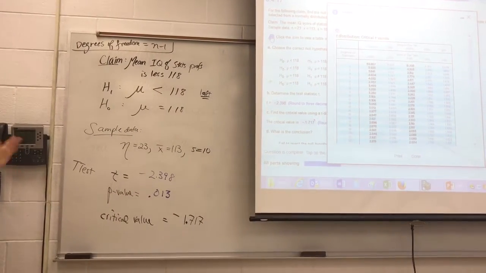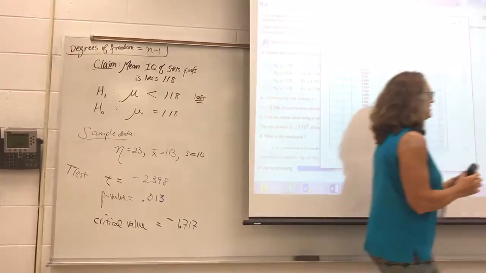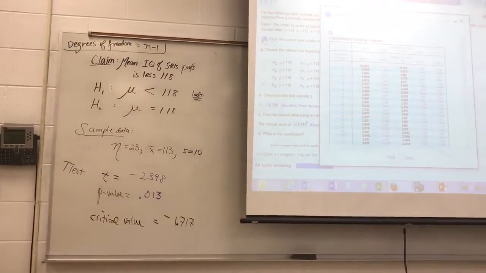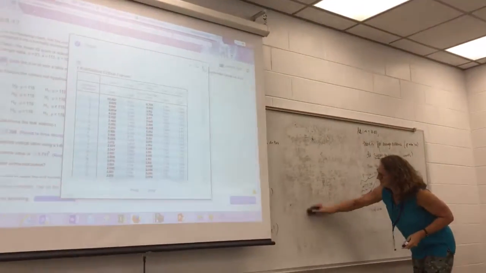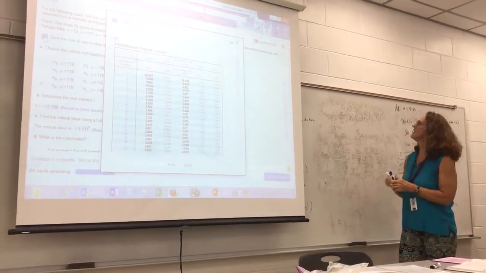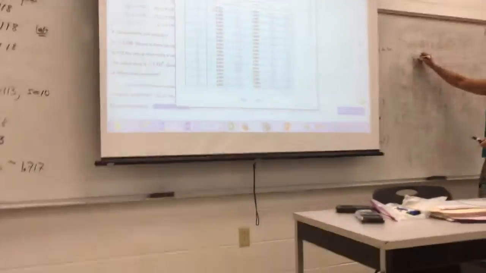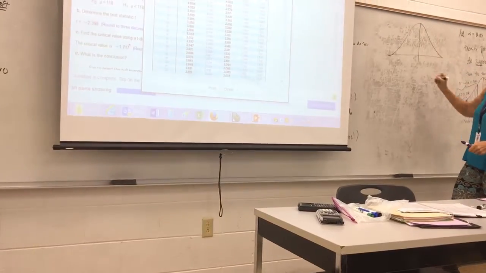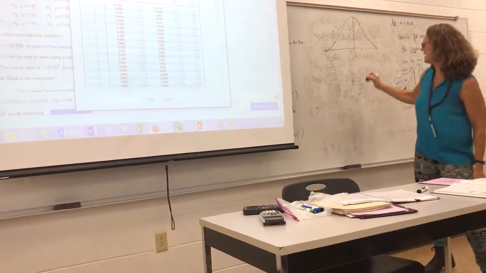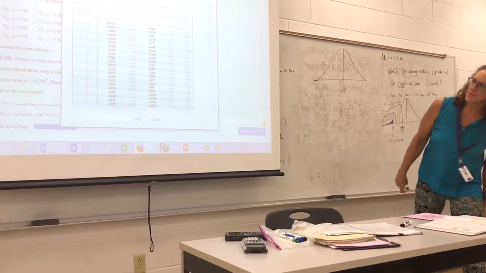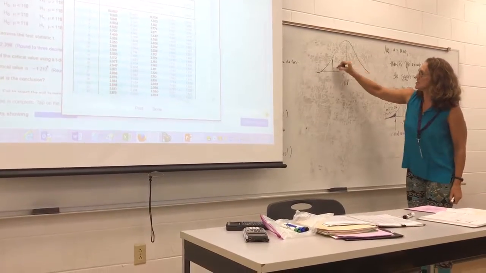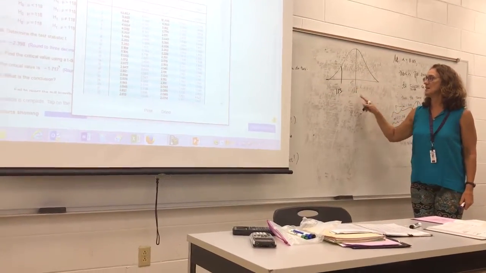But this works. So the picture for this one is, we have basically a hypothesized mean of 118. The sample mean was 113. The question is, how far is 113 from the mean?